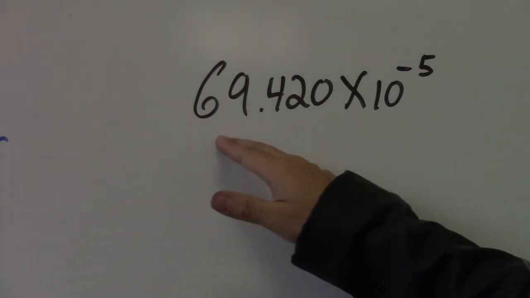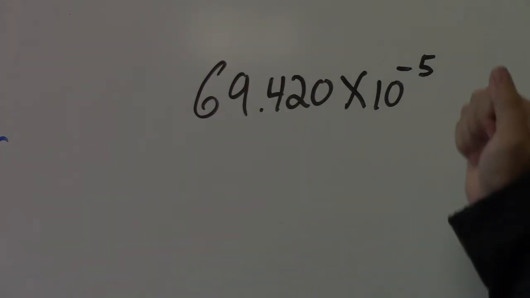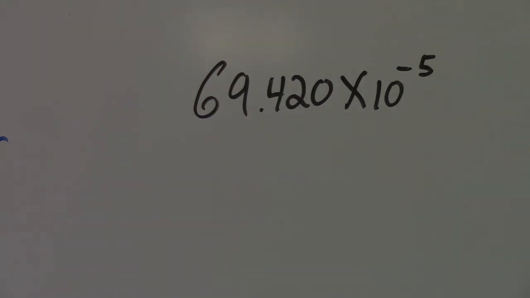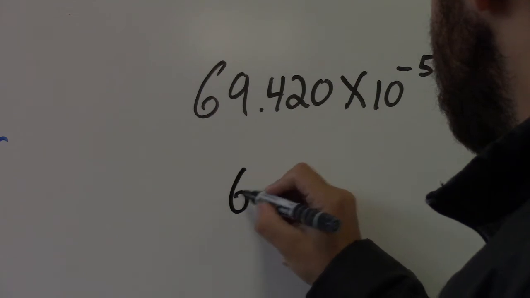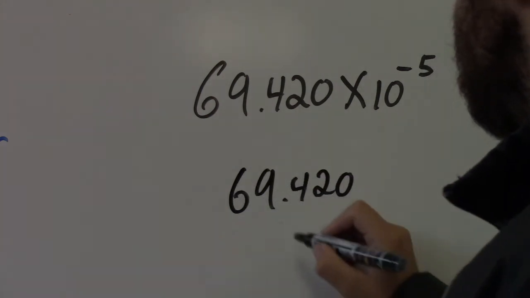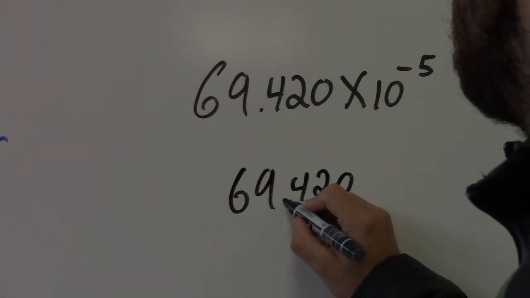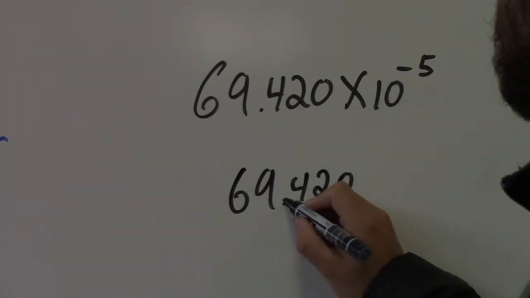So right now we have 69.420 times 10 to the negative 5. We know it's a small number because it has a negative 5 right there. So let's write it down on the bottom so we can move our decimal. We know it's gonna be small, so we have to go to the left 5 spots, because negative 5 means small, 5 to the left.